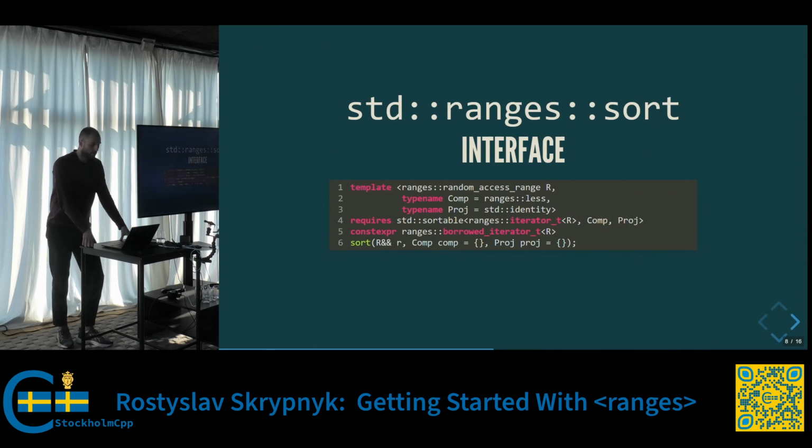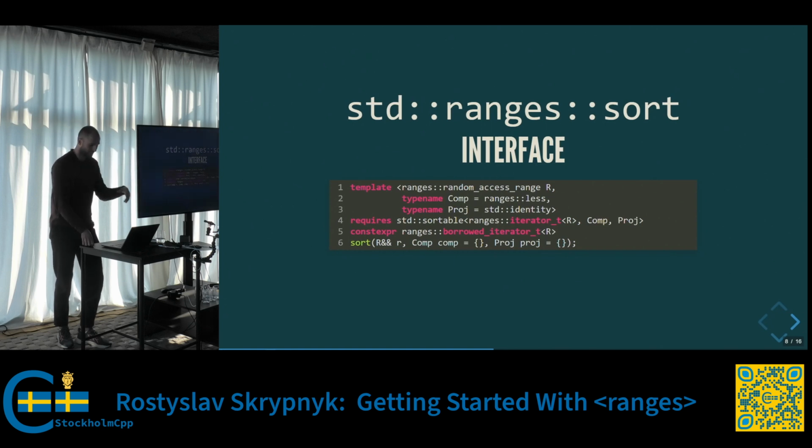And the third argument is the projection, and it defaults to identity, which you can think about as the identity matrix, if you remember your linear algebra. And I think it's implemented just as a struct with a call operator, and it returns whatever it gets.